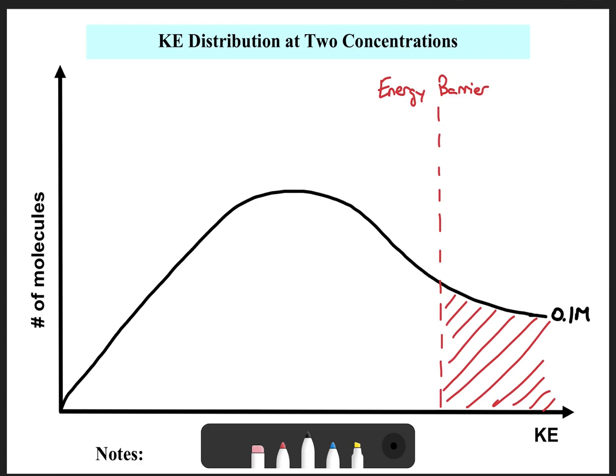At a higher concentration, we are actually increasing the number of reactant molecules. So the area underneath the curve does not stay the same. The area underneath the curve will increase when we increase the molarity, and it would look something like this.